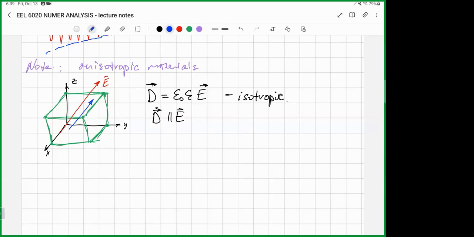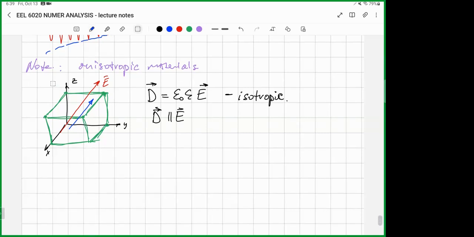And if I change the orientation of this crystal or change the direction of the electric field, the D will always follow this change so that they stay collinear. Okay, so this is the case of isotropic.